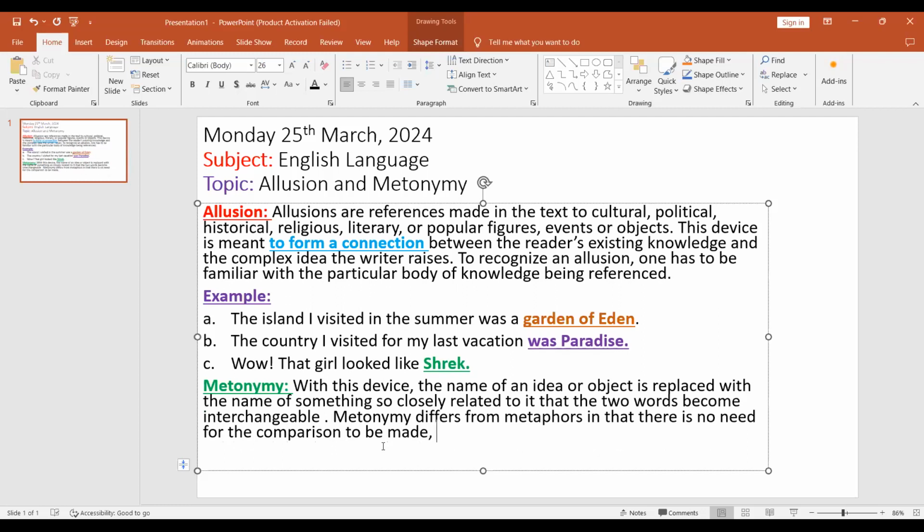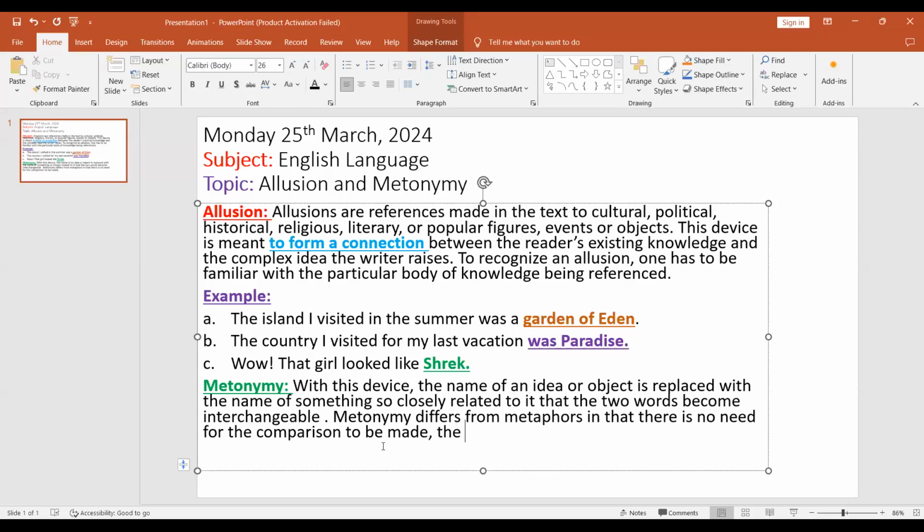The word is so strong that when you say it, we understand what you're talking about. You don't need to say is or was, like in metaphor. You just need to say that name, and once you say it, we already know what idea you're talking about, because the two words become basically the same. So metonymy differs from metaphors in that there's no need for the comparison to be made.